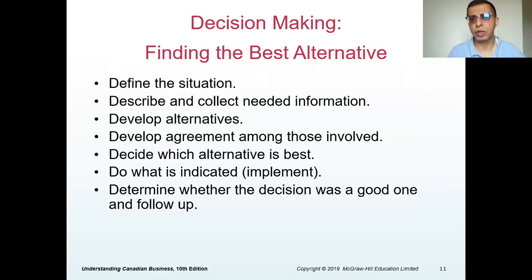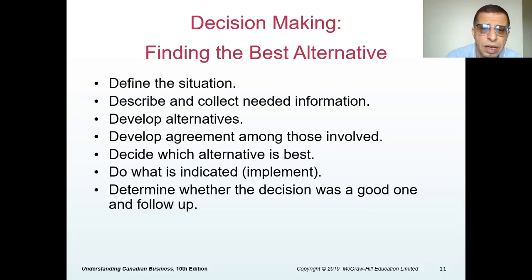Our goal, when we are line managers or in management, is to find the best alternative among the options that we have. You keep your options open, but you select the best one. So here is how we do that. We define the situation, what situation we are in.